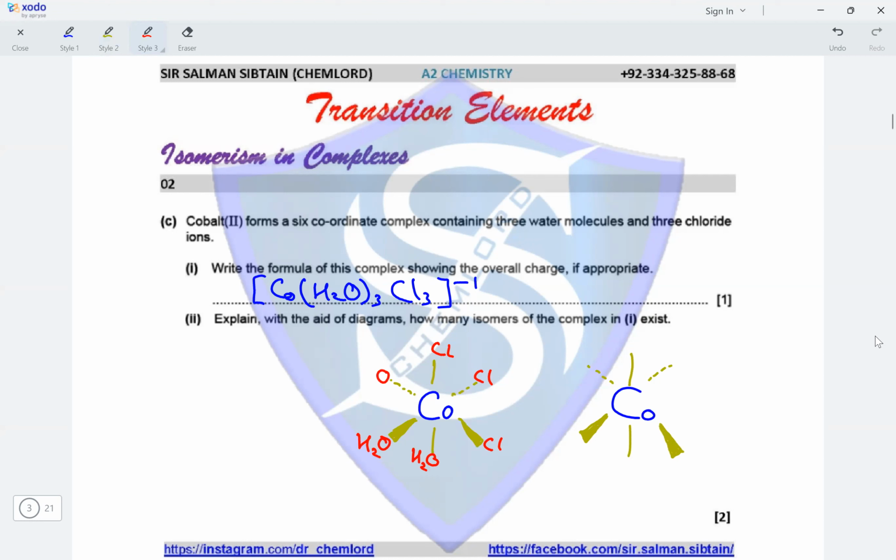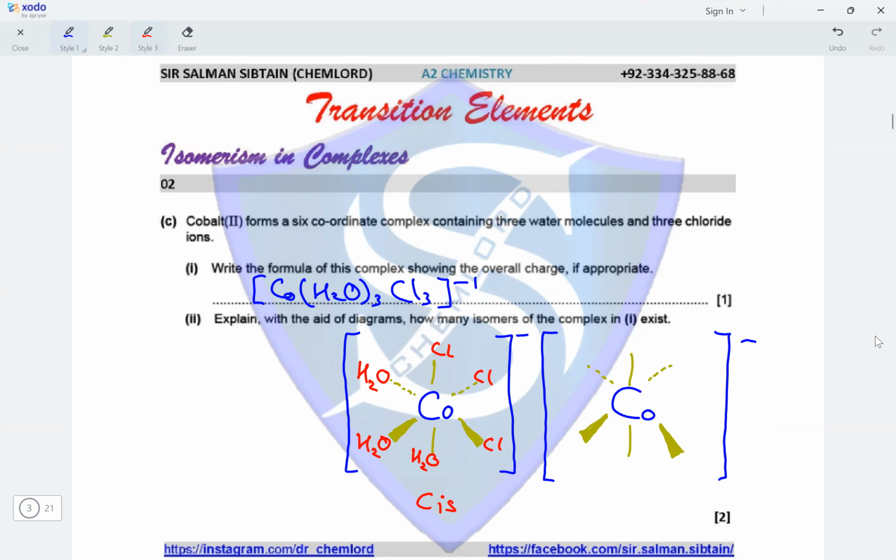This way we have made one of the isomers, which is known as the cis isomer of this complex. Now, to complete the complex, we place the square bracket and put a negative sign because it has a net negative charge as we derived earlier.